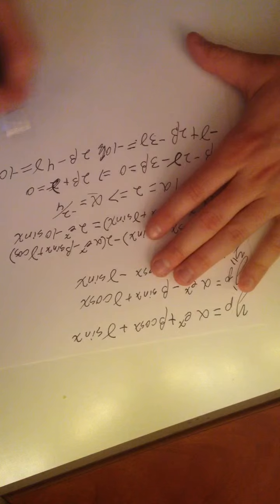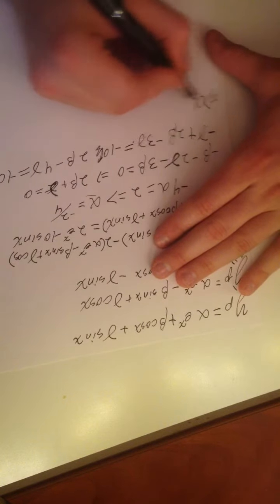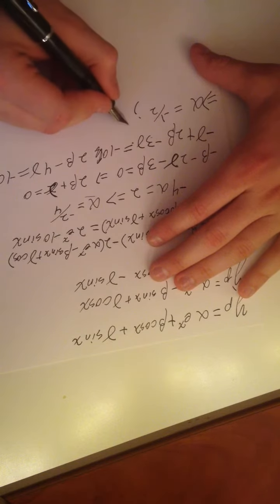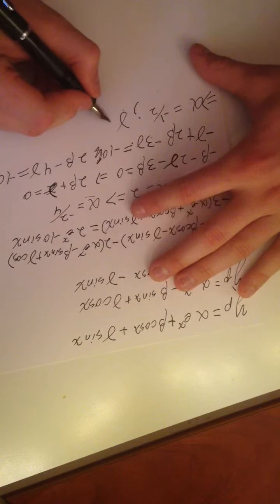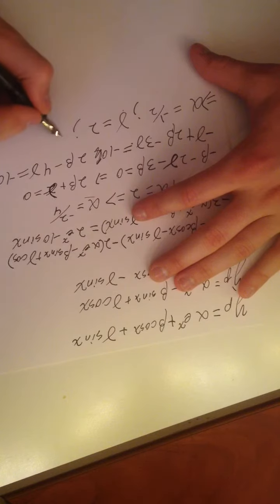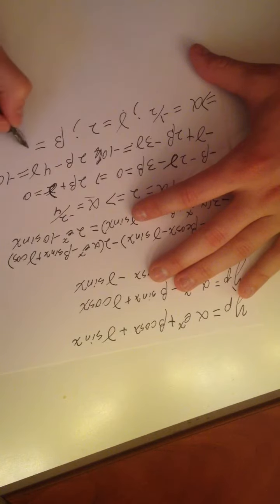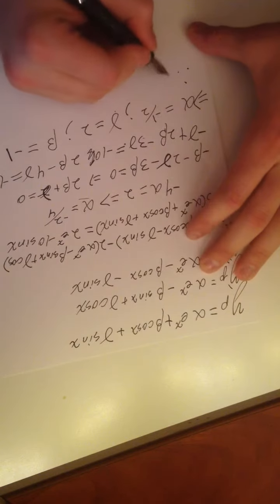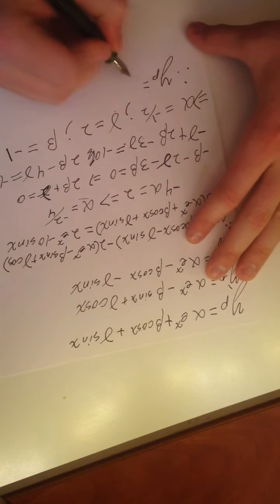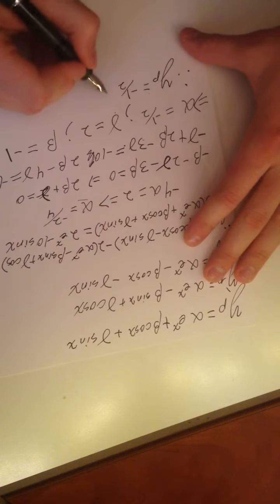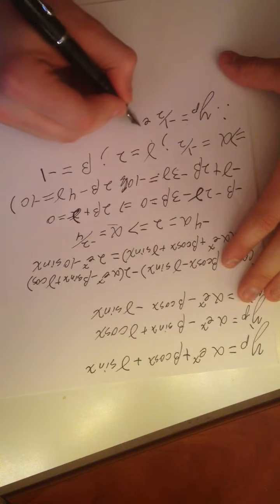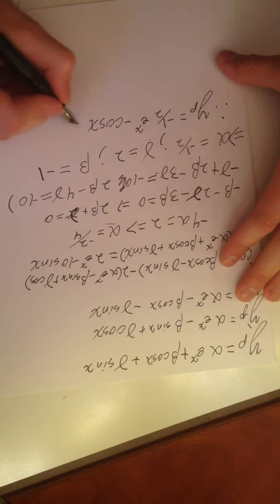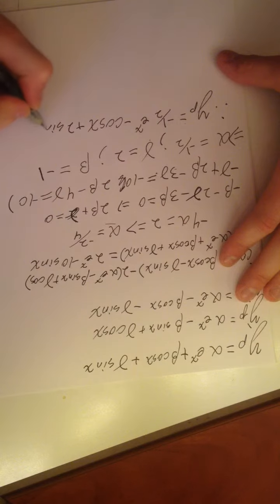Solving for alpha, beta, and gamma, we get alpha is equal to negative 1/2, gamma is equal to 2, and beta is equal to negative 1. Therefore, our yp is equal to negative 1/2 e to the x minus cosine x plus 2 sine x.